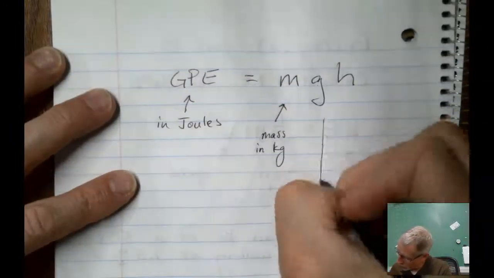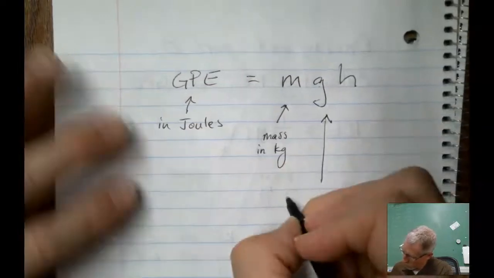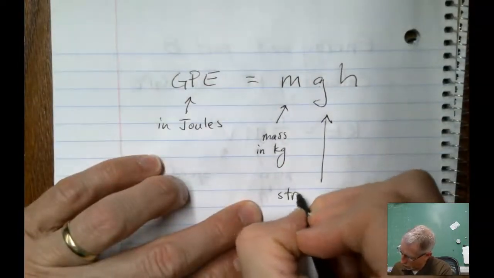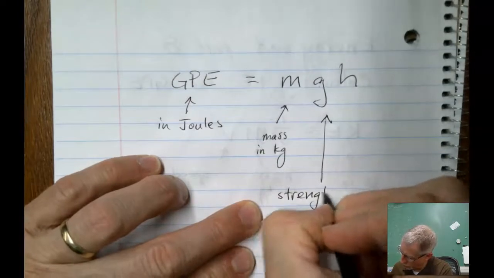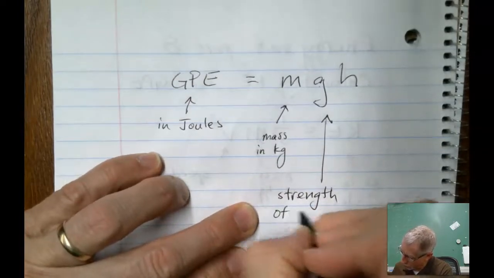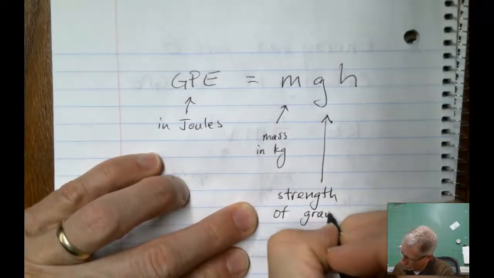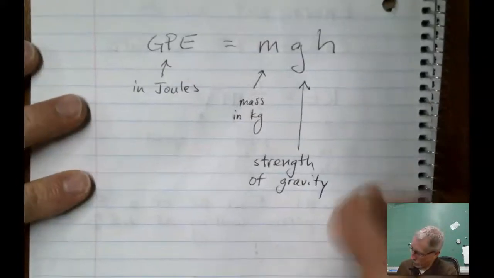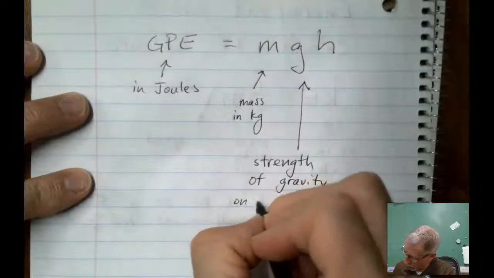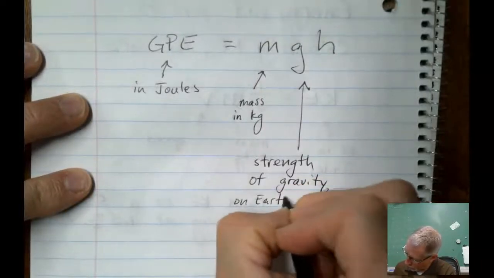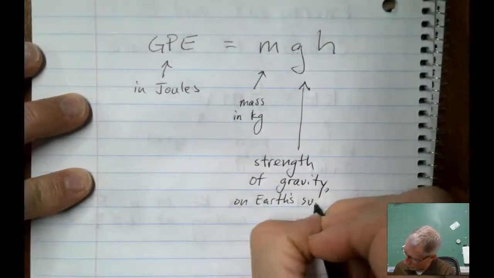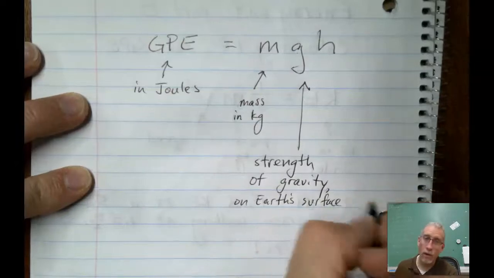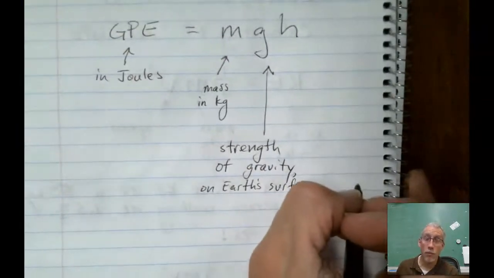All right, G causes some problems. So I describe it this way. You'll hear it described differently in some textbooks. The strength of gravity. So when we are on Earth's surface, because gravity is not just a number that's the same everywhere.